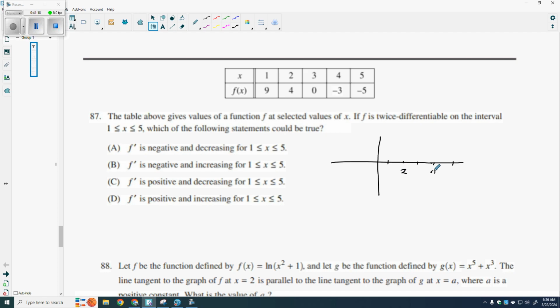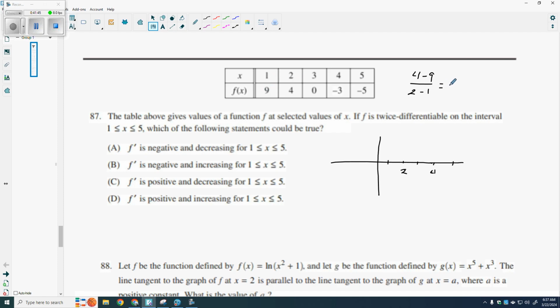I know we don't know what's going on in between, but we could use an average rate of change to estimate, mean value theorem. We can use the average rate of change to estimate the instantaneous rate of change, or the derivative. So my derivative is y2 minus y1 over x2 minus x1. 9 minus 4, 2 minus 1.